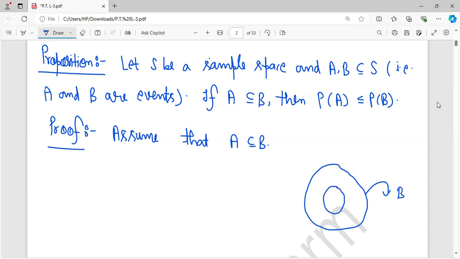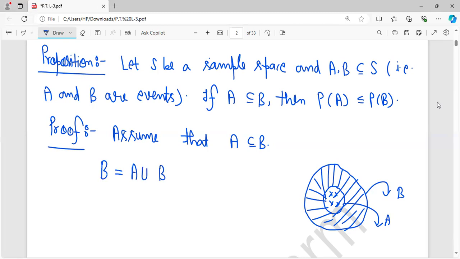So this is set A. I am drawing A this way and B this way. So how can I write B? B can be written as A union (B minus A).